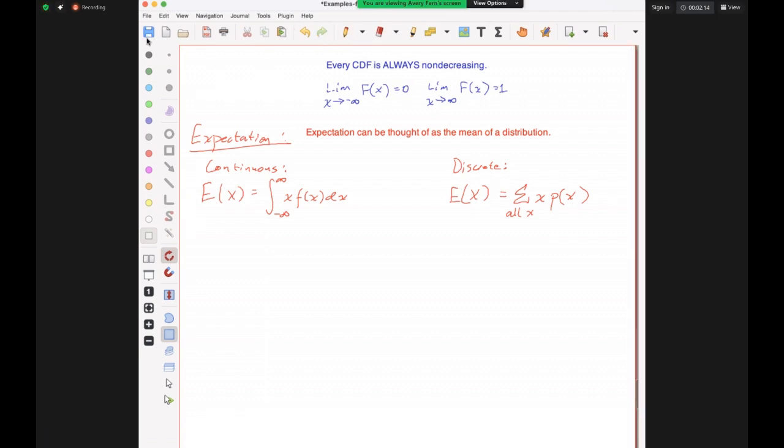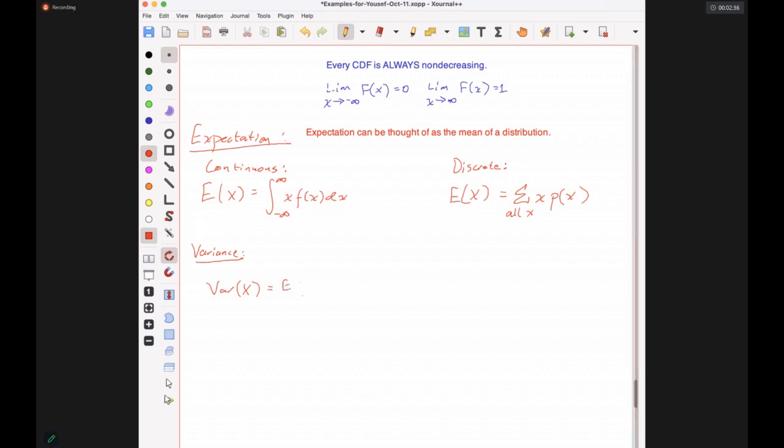And we might as well talk about variance while we're at it, because this is a very important thing to know as well. Variance is the expectation of x minus mu x squared, which we can also write as the expectation of x squared minus mu x squared.